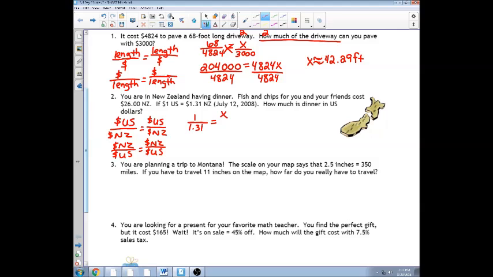We do not know, so it would be x over the $26. Okay, I'm going to cross multiply. Sorry, I do not want to do that. I like to keep what's in the numerator in the numerator. So 26 would be equal to 1.31x. Divide by 1.31. And I would end up with x is about $19.85. Okay?